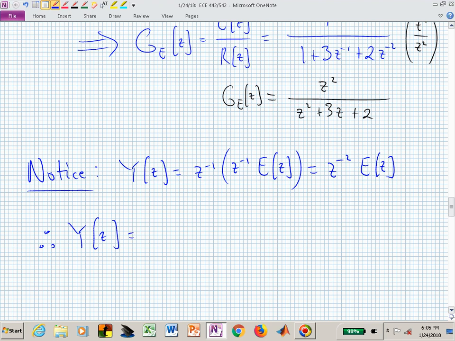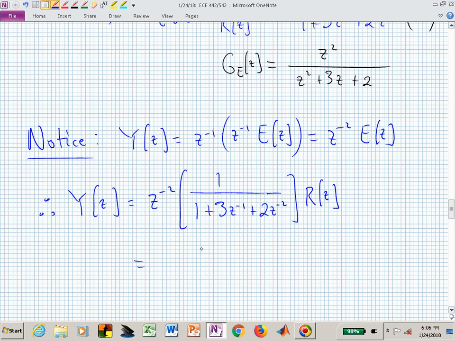Or we can now say that z to the minus 2, and we can replace that with what e of z was equal to, which was 1 over 1 plus 3 z to the minus 1 plus 2 z to the minus 2, r of z, which gives us then z to the minus 2 over 1 plus 3 z to the minus 1 plus 2 z to the minus 2.